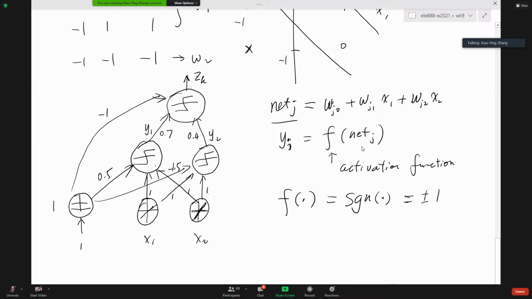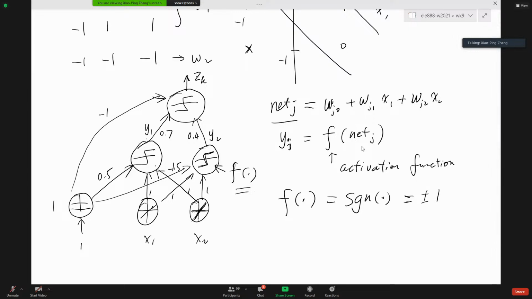It just means a linear path. If you eliminate this circle, it doesn't affect anything. But this circle particularly means f. All these circles are the same f function, a nonlinear function called the activation function.